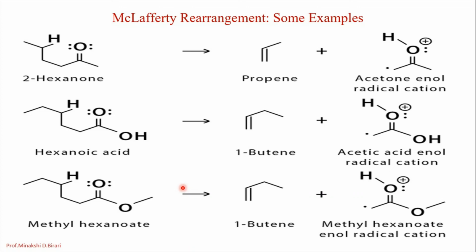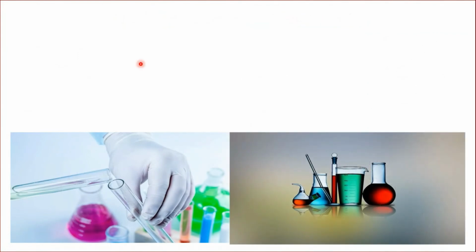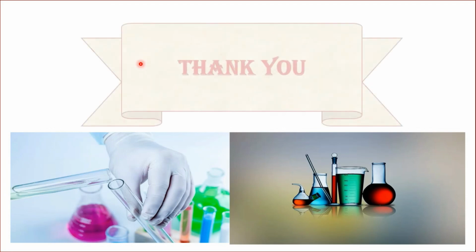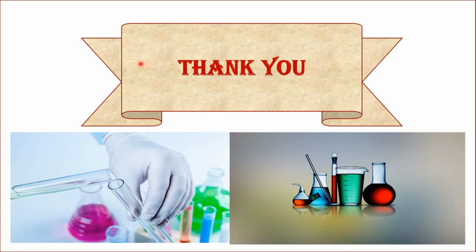So in detail we have studied different examples of McLafferty rearrangement. In today's lecture, we have studied the McLafferty rearrangement, its mechanism, and different examples. In the next lecture, we will discuss the rule of 13 and also examples of the rule of 13.